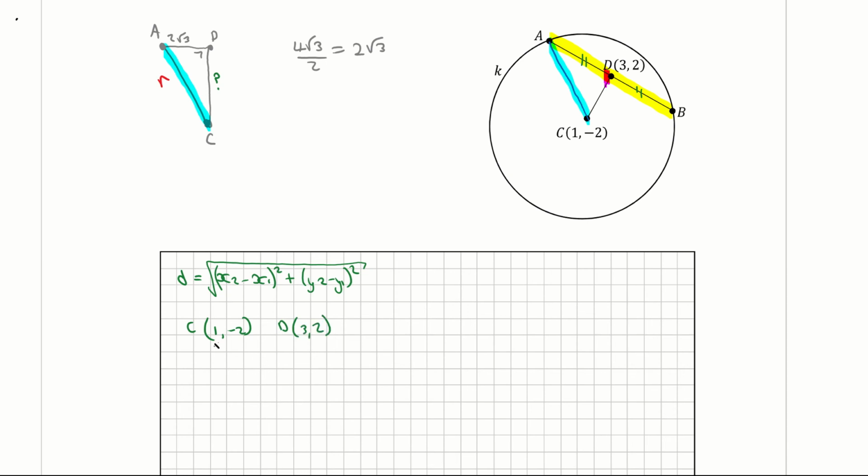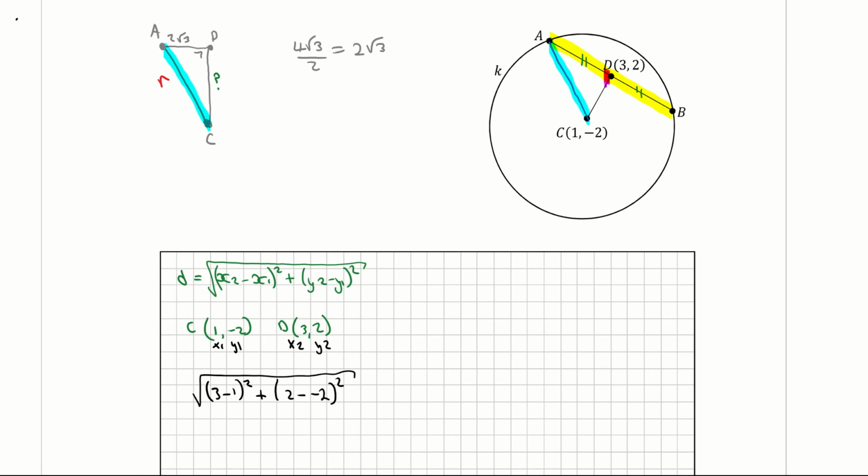Labeling those as my x1, y1, x2, y2, and filling them in to my distance formula, I have 3 subtract 1 to be squared plus y2 minus y1 all to be squared, in my square root.